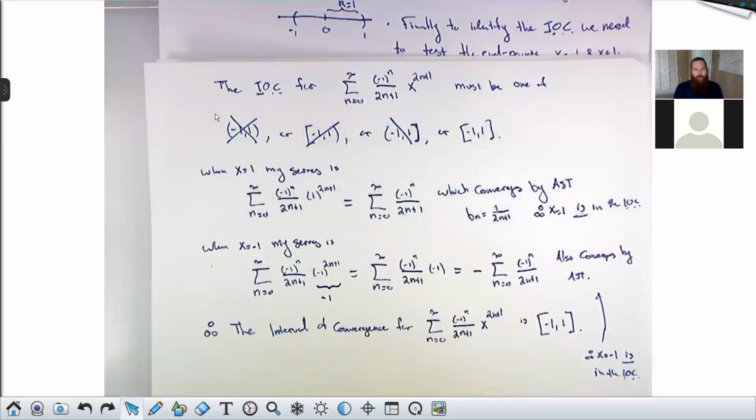So I can rule out anybody who doesn't contain the right endpoint. That's any interval that's open on the right. And from this work, I learned that -1 should be in my IOC. So I can rule out anyone who does not contain the left endpoint, -1. This guy does not contain -1, and this guy does not contain -1. So the only one that hasn't been ruled out, the only one that contains both endpoints, is the closed interval.